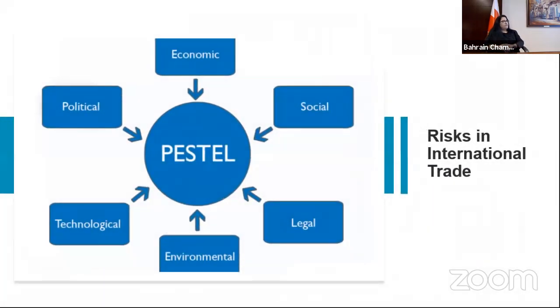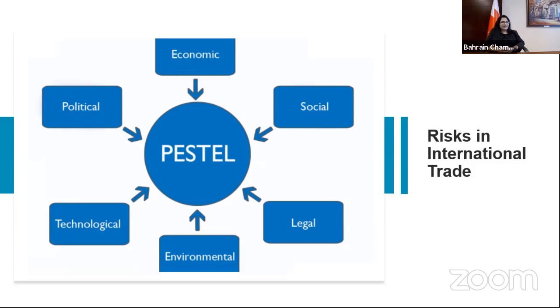When you are going to trade internationally, the first and foremost step is identifying the risk. Risk analysis is very, very important. You need to identify the perceivable risks when you trade internationally. PESTEL is a tool normally used by businesses all over the world before they sign a contract.